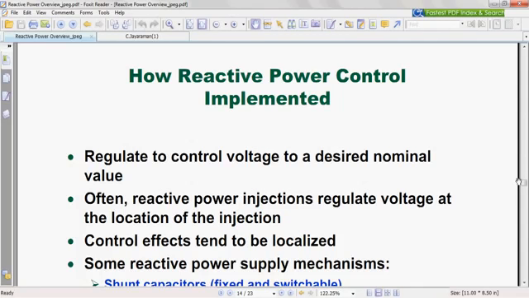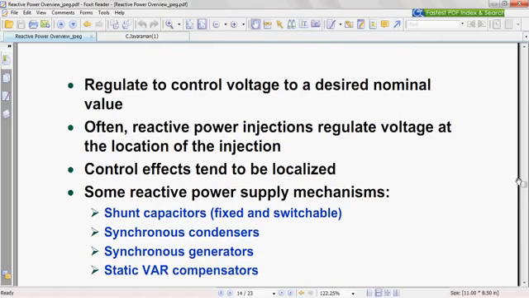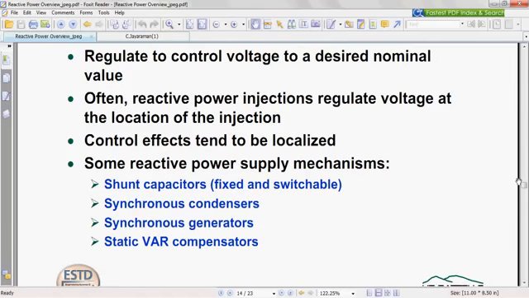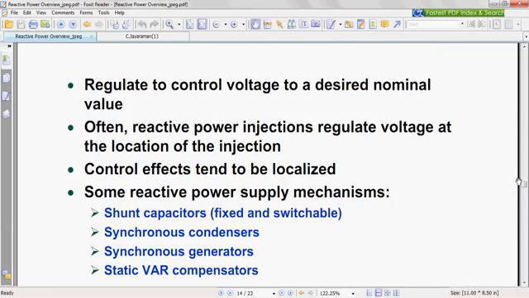Now that we have understood what reactive power is, how it is generated, and how to implement it, it is time to look at how to implement a reactive power control device. In order to regulate the control device to the desired nominal value, we often inject reactive power to regulate the voltage at the location of injection.